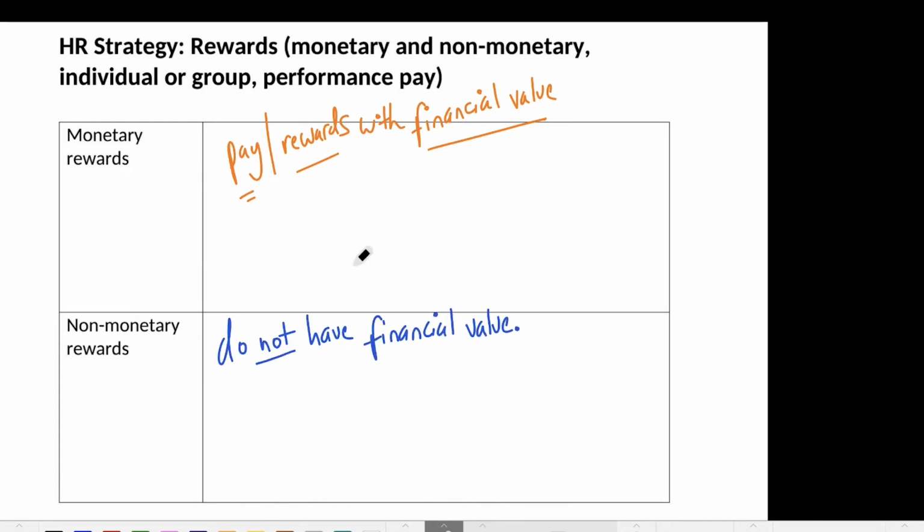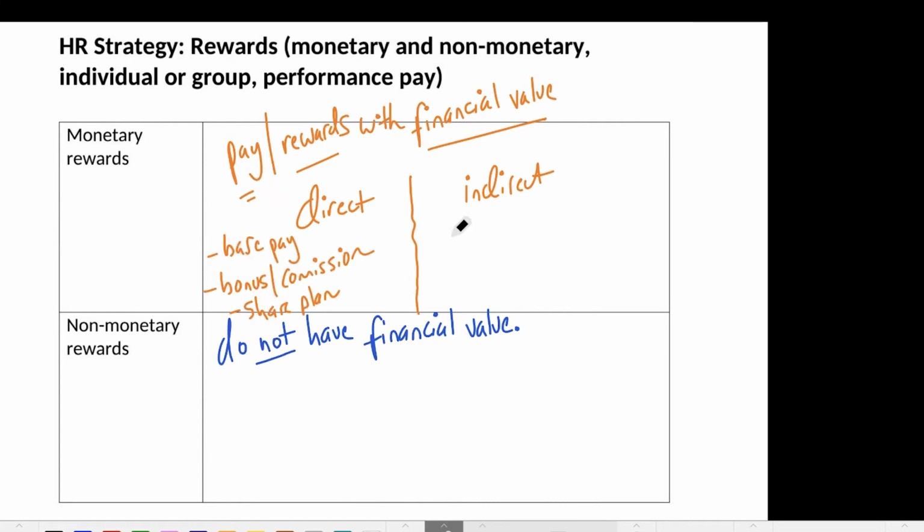If we go a little bit further, we can talk about the textbook, and I'll link to it in the show notes, which separates it between direct and indirect monetary rewards. Direct being things that go straight to you. In terms of indirect things that have a financial value, maybe the business will cover things like health insurance, so it has a financial value, but the money isn't going straight into your pocket.